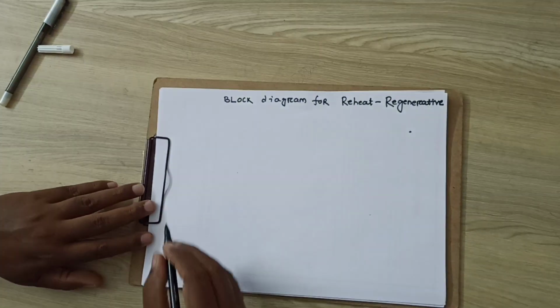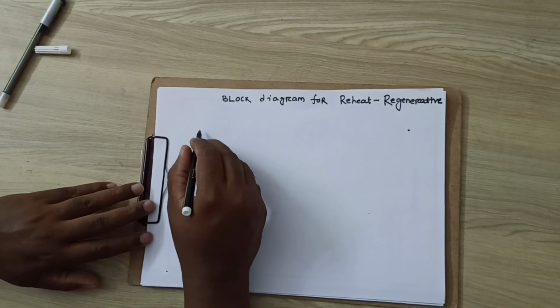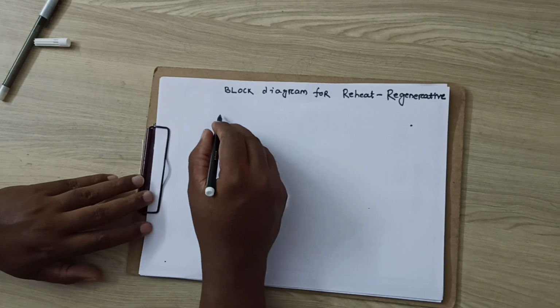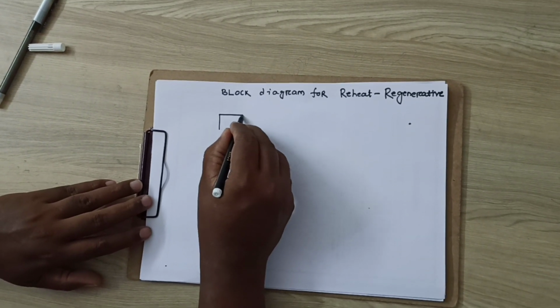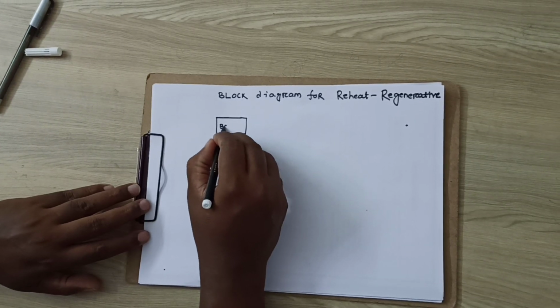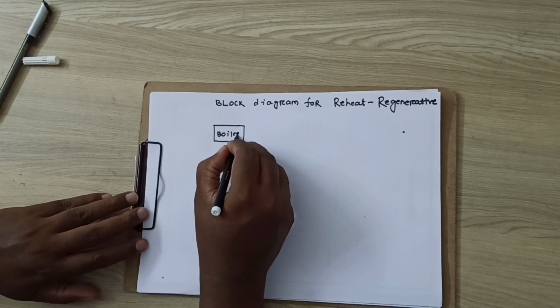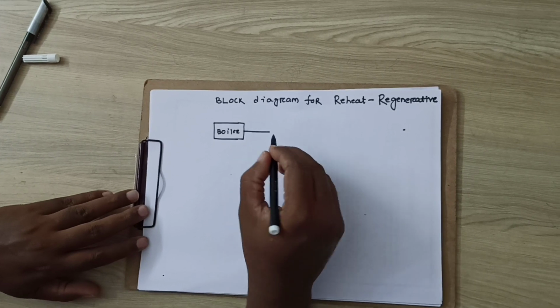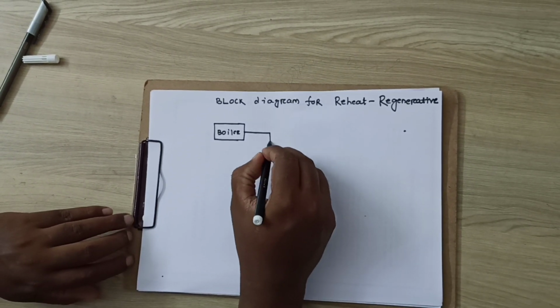How is this block diagram? So first we will start from this boiler. First we will go for the reheat cycle.